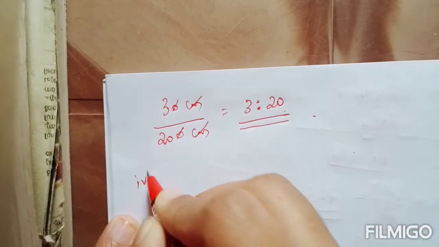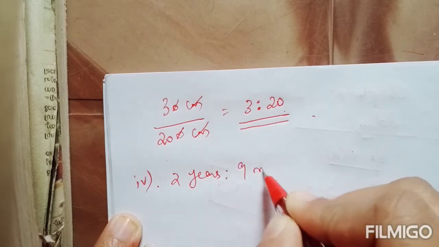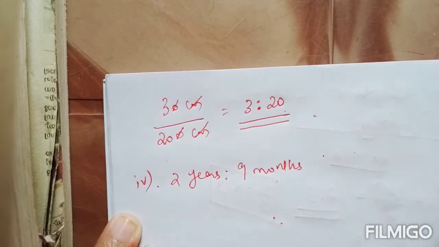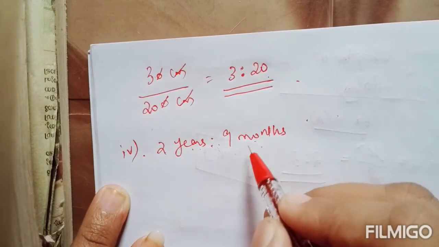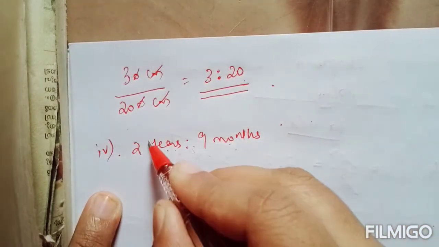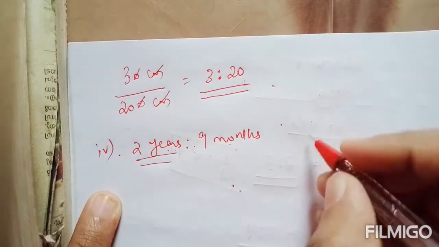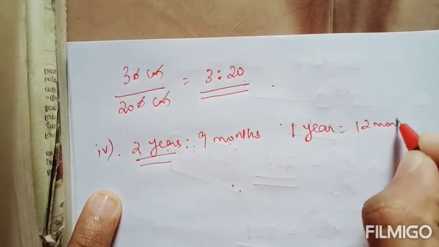Now fourth one. 2 years is to 9 months. The first quantity is in years, the second quantity is in months. Different unit, so make the unit same. Let us convert years to months. We know that 1 year equals 12 months.